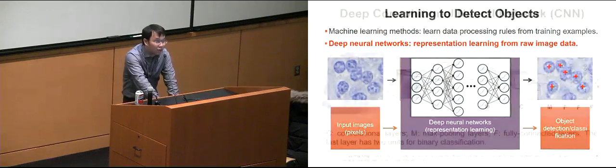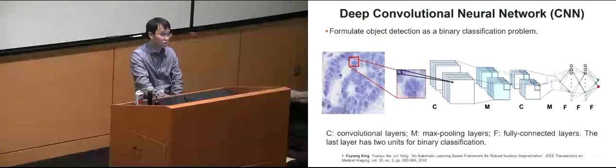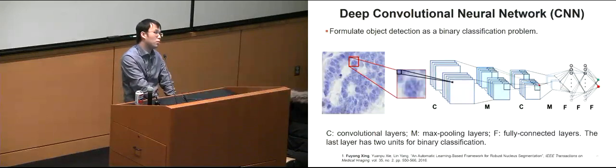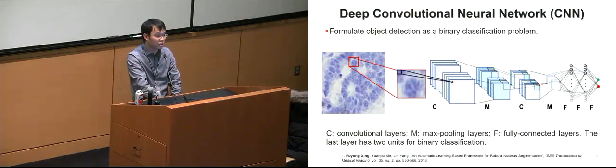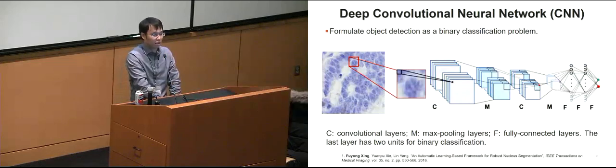This is one of the architectures we designed 2 years ago for the object detection. As usual, we formulate this object detection as a binary classification problem, based on convolutional neural networks. Here we use a 7-layer convolutional neural network. It's not that deep, but compared with the traditional CNN, it is already deep enough.